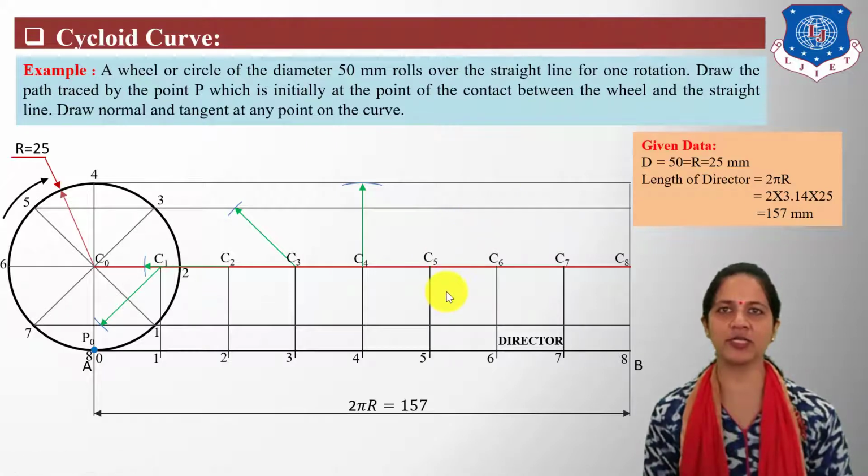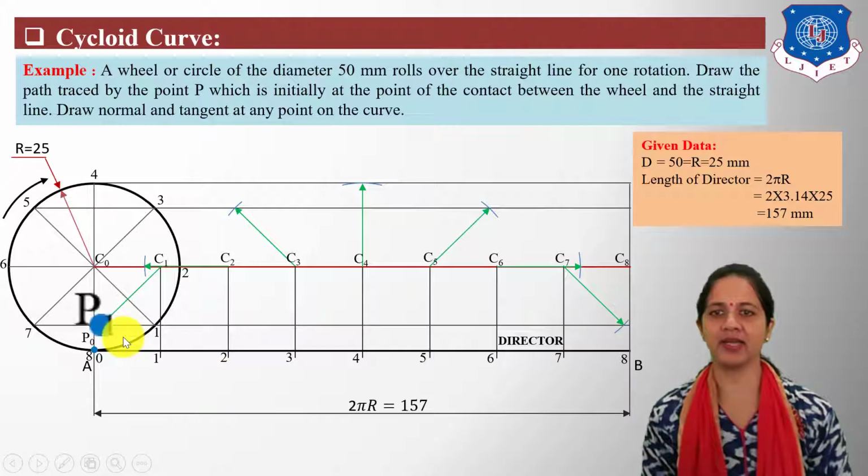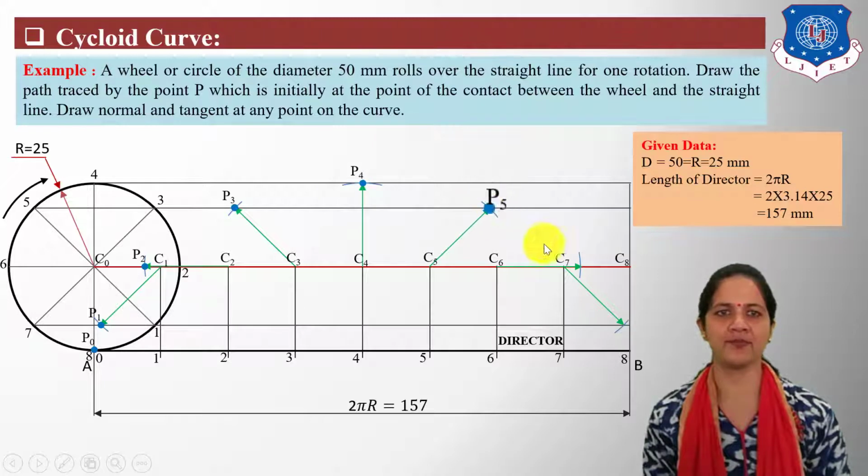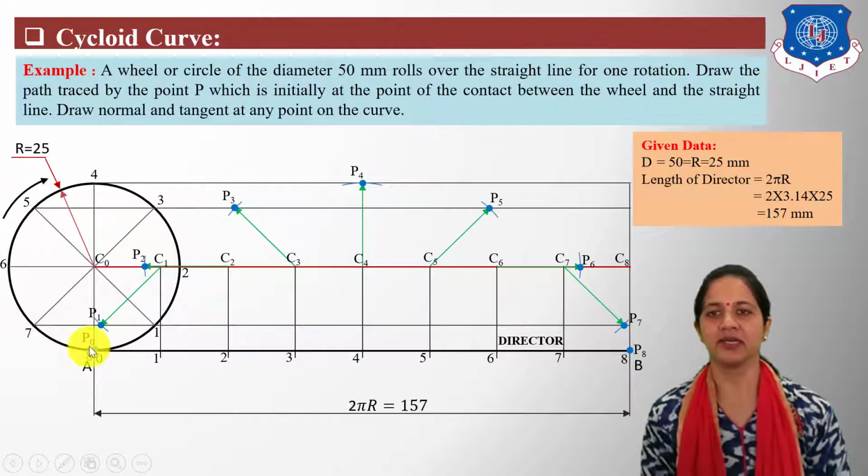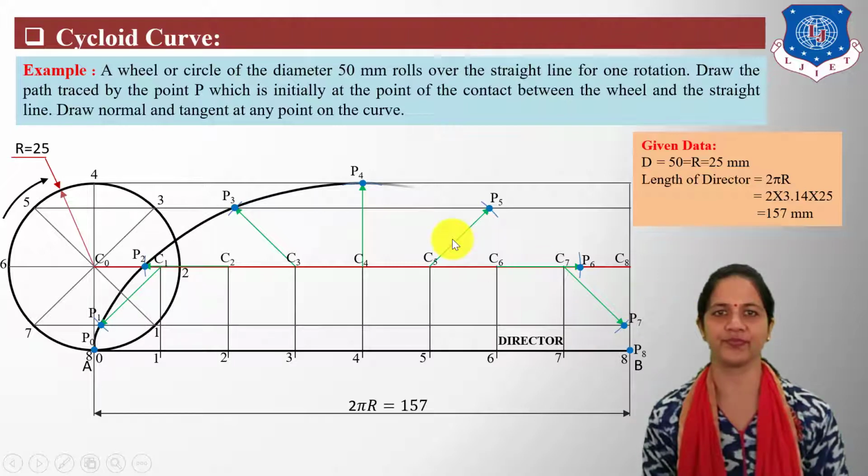Similarly, find out locus point of 5, 6 and 7 position of rolling circle. Mark locus point P1, P2, P3, P4, P5, P6, P7 and P8. Connect this all locus point freehandly in form of curve.